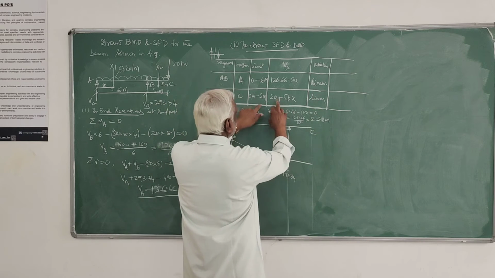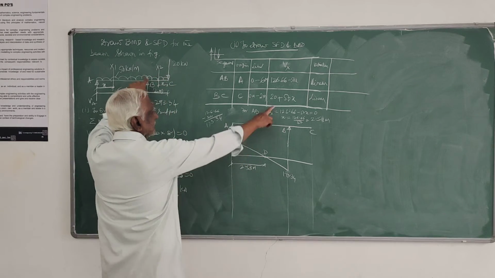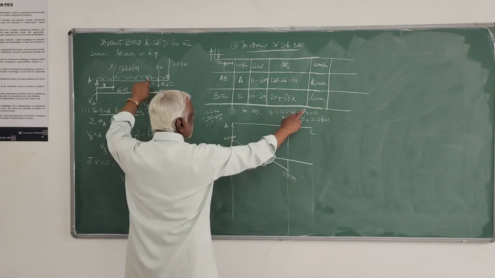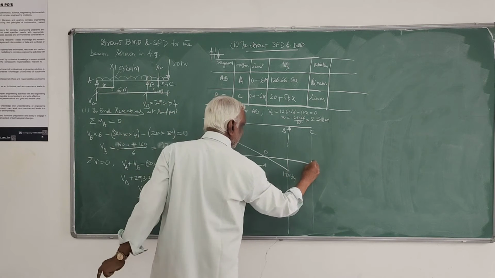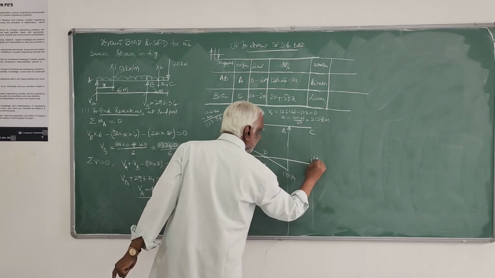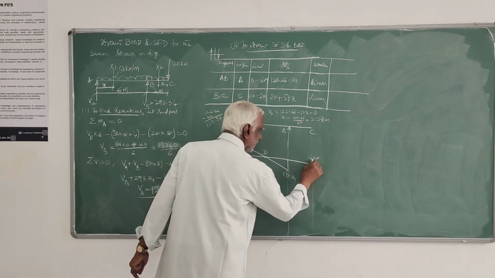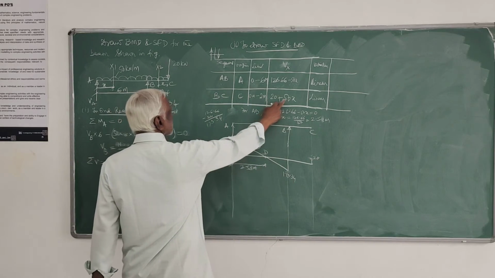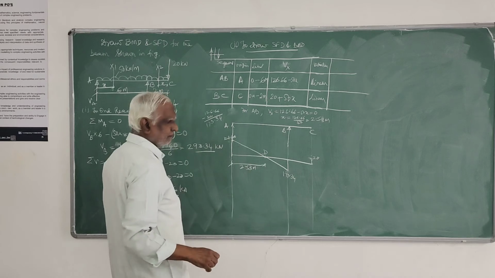Next, the BC portion. I am taking this equation, that is for x2. When x equals 0, that is at B, it is 20 plus 20. Correct? Yes, sir. It is 20. Then when x equals 2, it is 120.